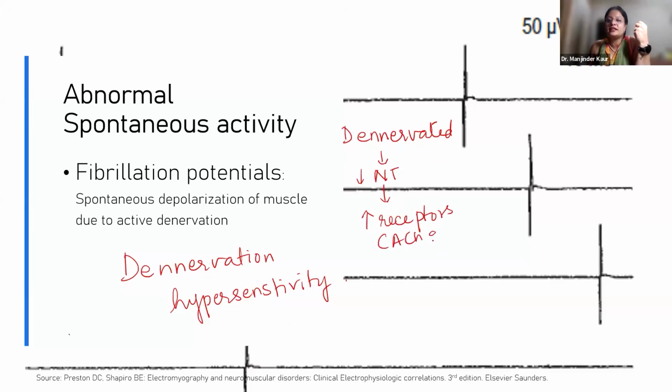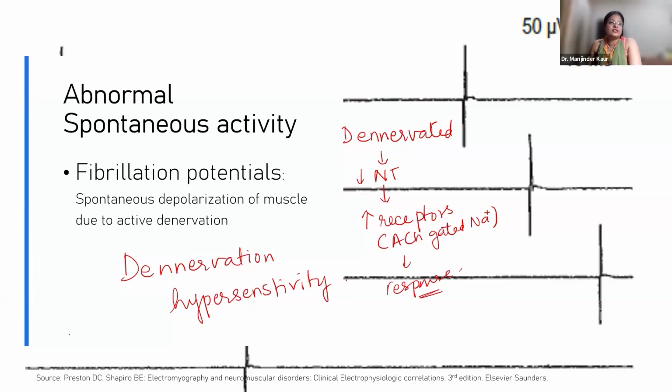The acetylcholine gated sodium channels. So whenever there is slight acetylcholine secreted anywhere, the muscle tries to grab that acetylcholine and give some response. This response is going to appear as the spontaneous depolarization of muscle due to active denervation.